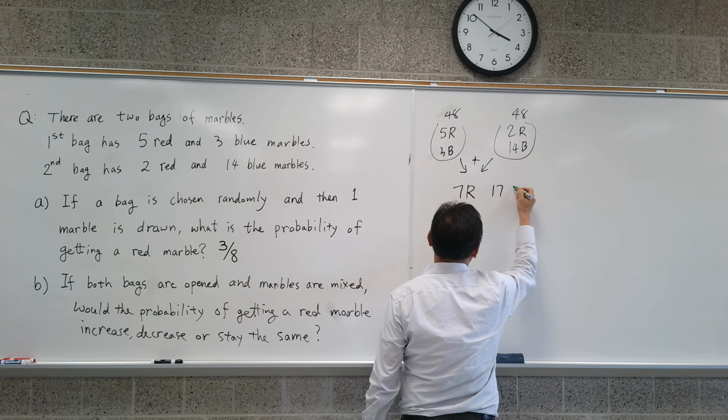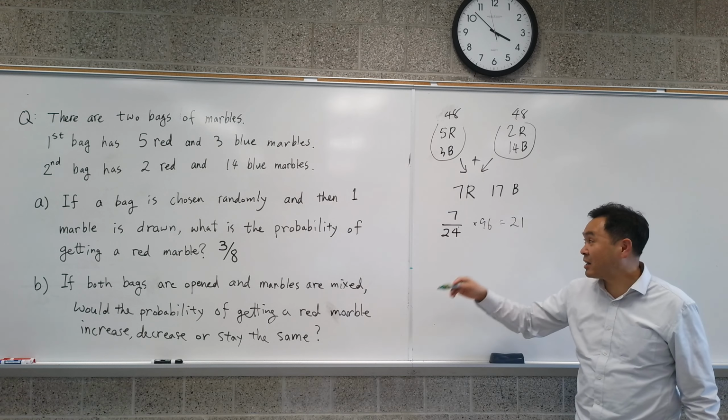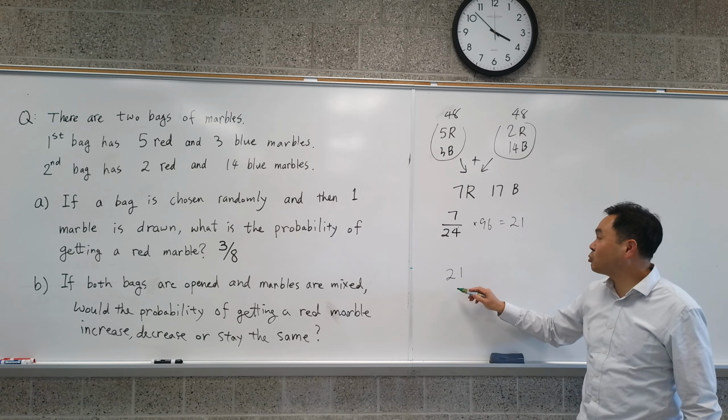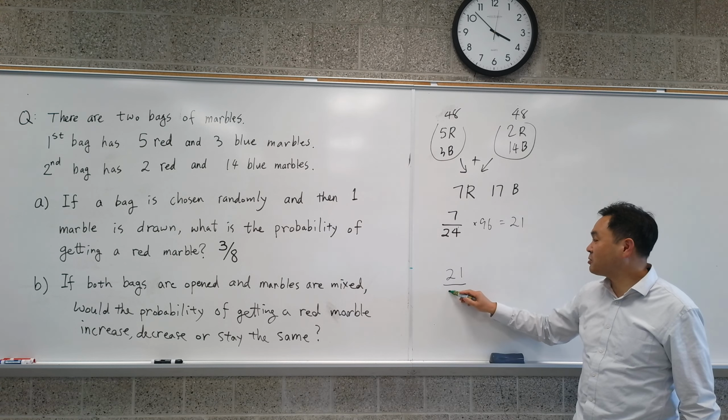Another way to compare with the first way we were doing this is, what if we did this trial 96 times? Then 96 divided by 24 gives you 4. So if you multiply 7 by that, you get 28. So you can also say, if you did this trial with this situation 96 times, you're going to get red marbles about 21 out of 96 times.